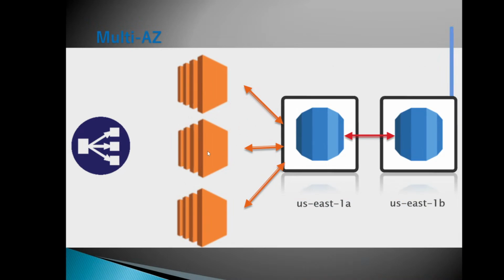If there is no issue, all your database connections will be going to the primary database, but it will always be in sync with your secondary database. You don't have to do anything. Amazon will take care of it. Amazon will always make sure that your primary database is synced with your secondary database.